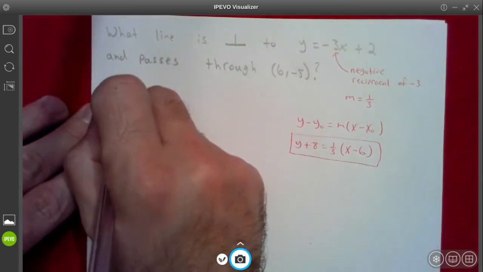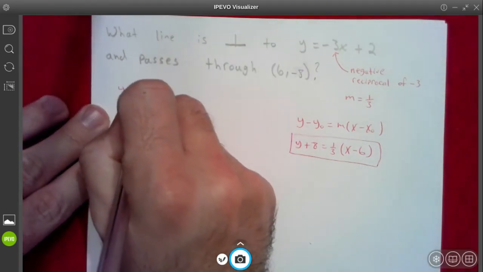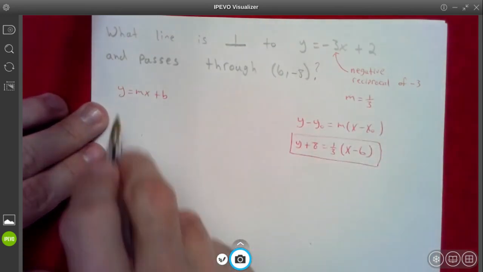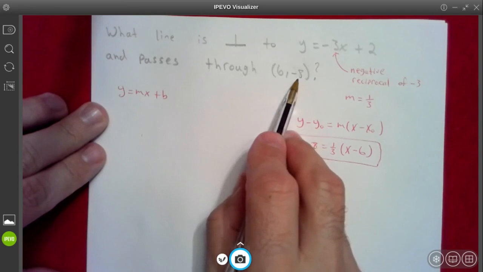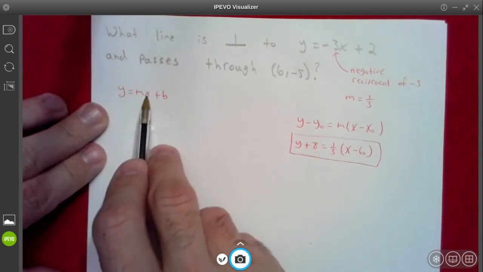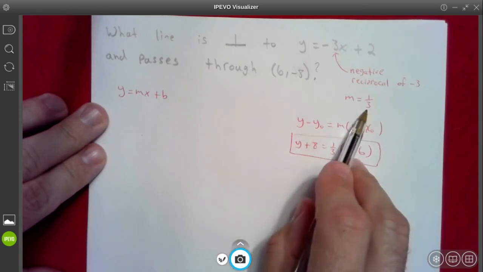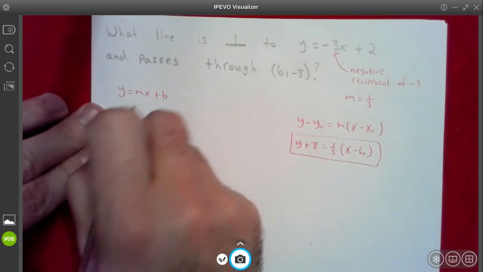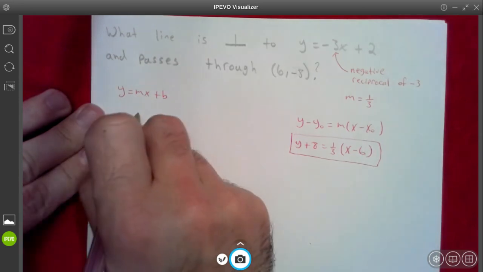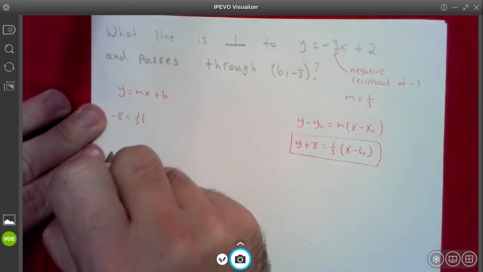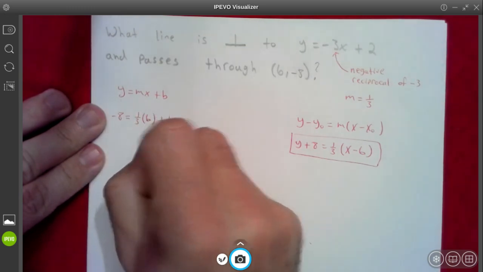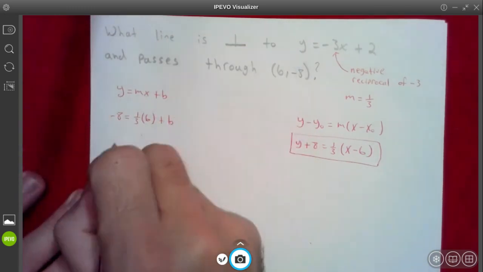For slope-intercept form, let me start off with the old y equals mx plus b, and then we'll plug in these values. We would do -8 for the y, 6 for the x, and 1/3 for the m. This is going to allow us to solve for b.